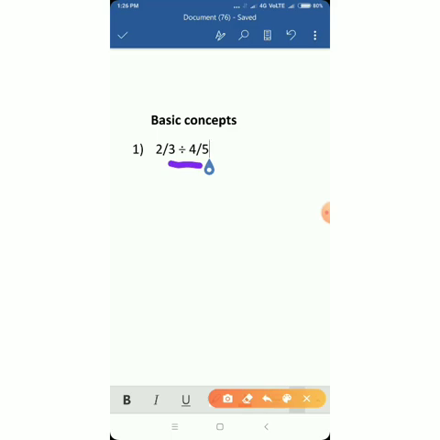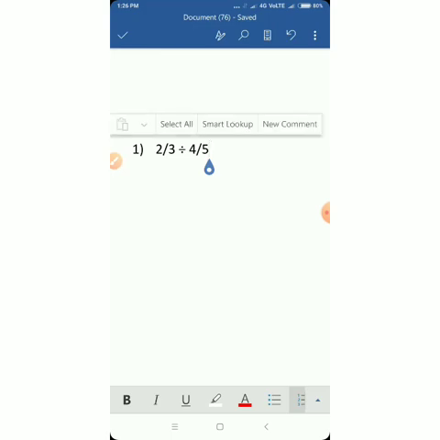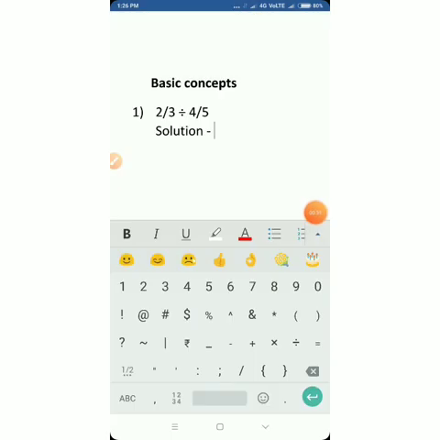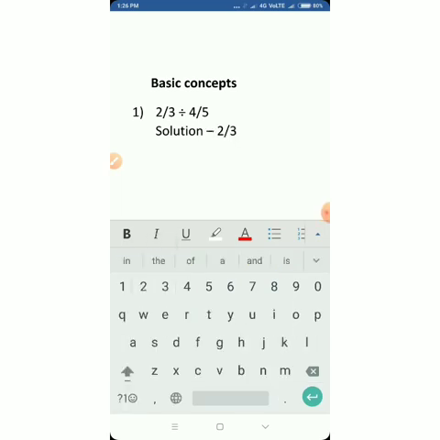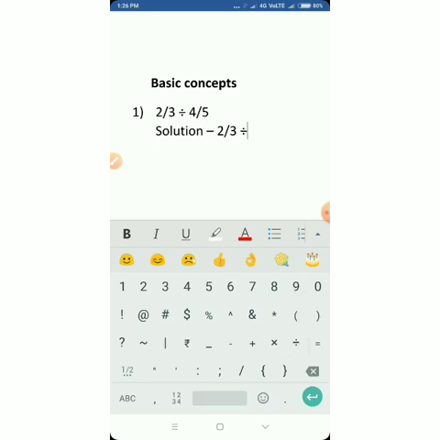So what we are going to do, we will write the values. Firstly we will simply write the question: 2 by 3 divided by 4 upon 5.